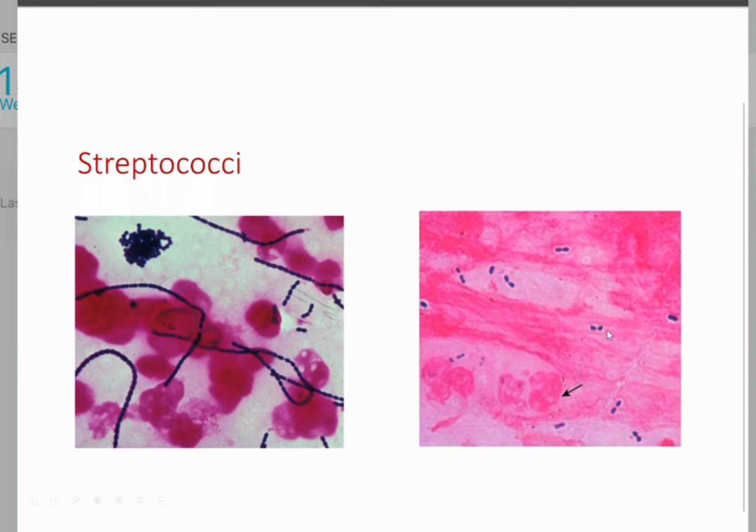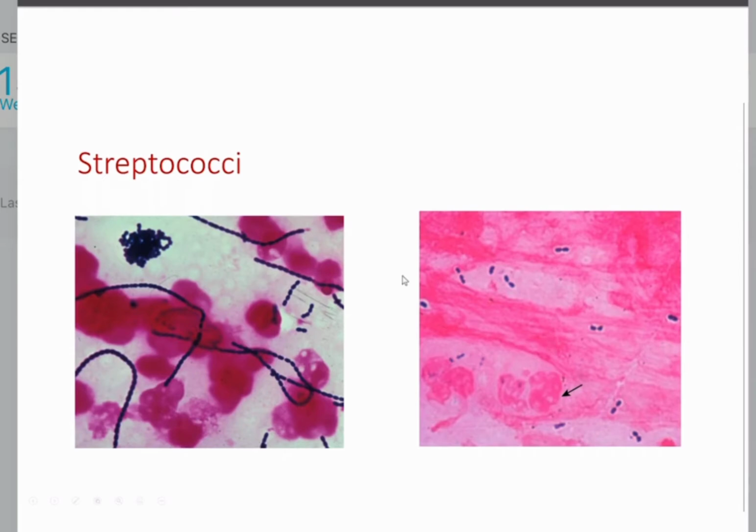On the right hand side, you see the arrangement which is known as diplococcus. So all the bacteria here in the right side panel are in pairs, right? So this pair kind of arrangement is seen with the streptococci of certain species.